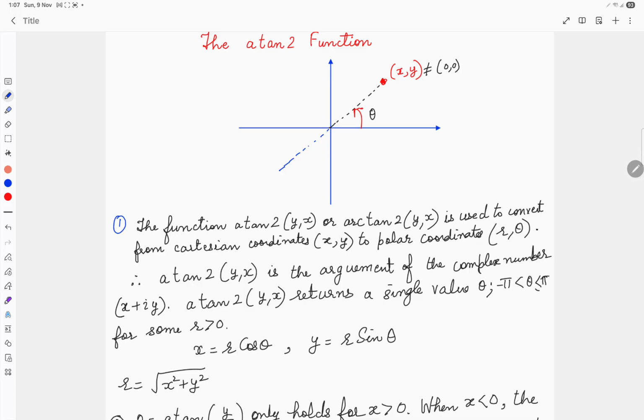One is the problem of the signs of x and y, the other is the problem of divide by 0. So in this case, in programming languages we will use the arctan2 of y comma x function to get the values of theta, which are actually the argument of the complex number. So this is an important function which is to be understood. Thank you.